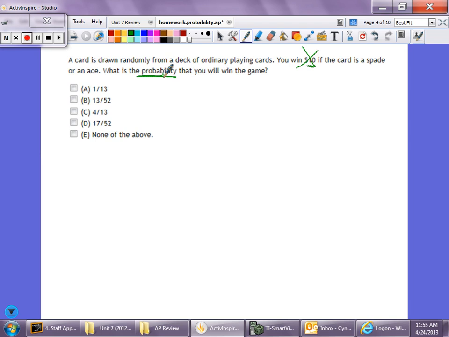What I need to determine. A in this case is a spade, and then B in this case is getting an ace. So it's going to be an addition formula because it's A or B, A union B, which remember, it's the addition rule, but I need to know if they're mutually exclusive.